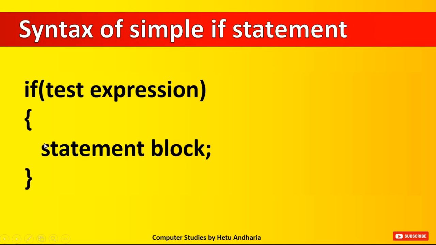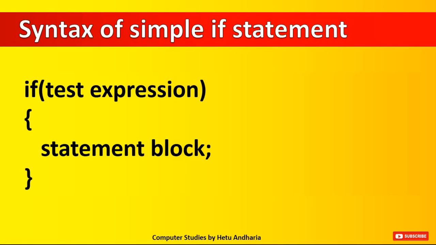It's given because if you want to execute multiple statements here, just now we had just executed one statement, that printf congratulations, but if you want to execute some more statements, then to specify that these all statements are the true part of the test expression, we need to put curly brackets. So whatever statements you write between the curly brackets will be executed if the test expression becomes true.